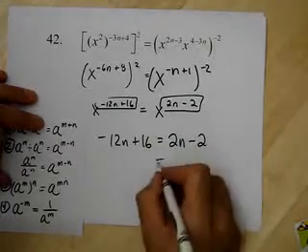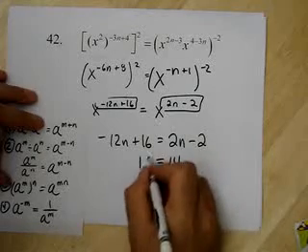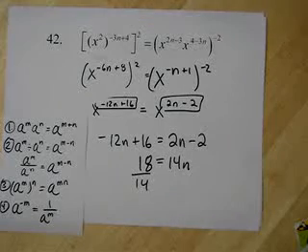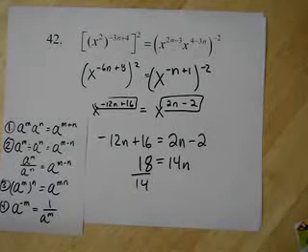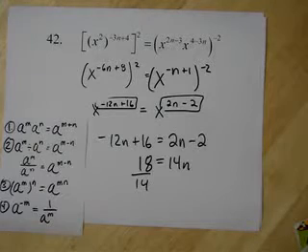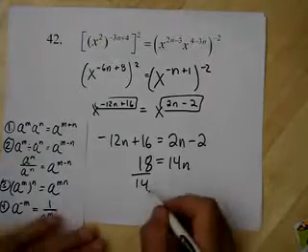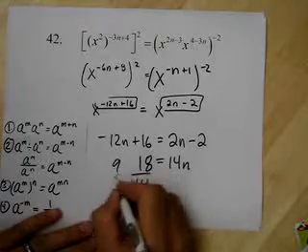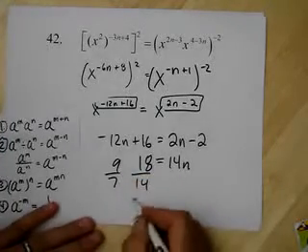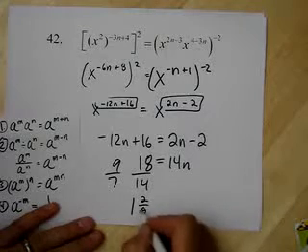So add 12n to this side, I get 14n. Add 2 over here, I get 18. 18 over 14 is, oops, sorry, I'm itchy here. Times 2 is 12, negative 2, did I do that right? I might have made a mistake, but that's alright. 14, which is the same thing as 9 over 7. So 9 over 7 is 1 and 2 sevenths.